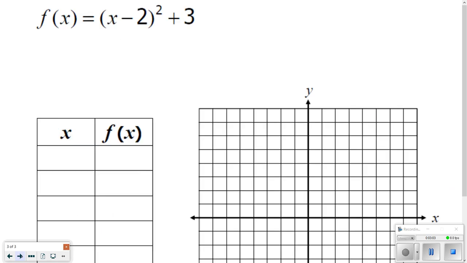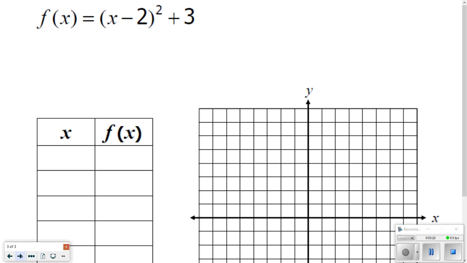What we're really going to talk about is how do we use the vertex form of a quadratic to help us graph? Well, kind of like we did with the absolute value functions. If I can find the vertex really easily, that's going to give me a nice starting point for my graph, and then I can pick some points around there and generate the rest of the graph.